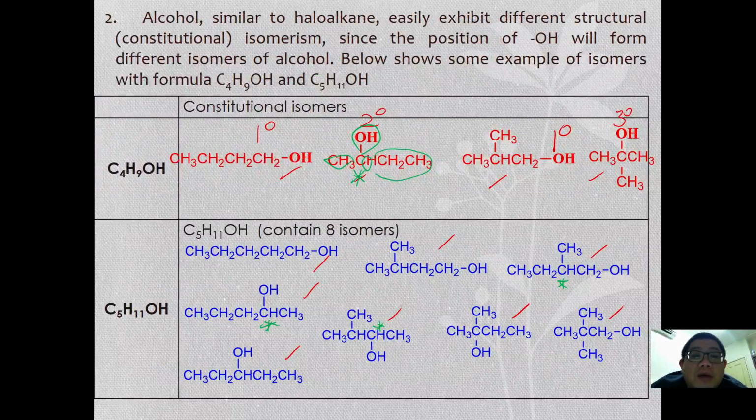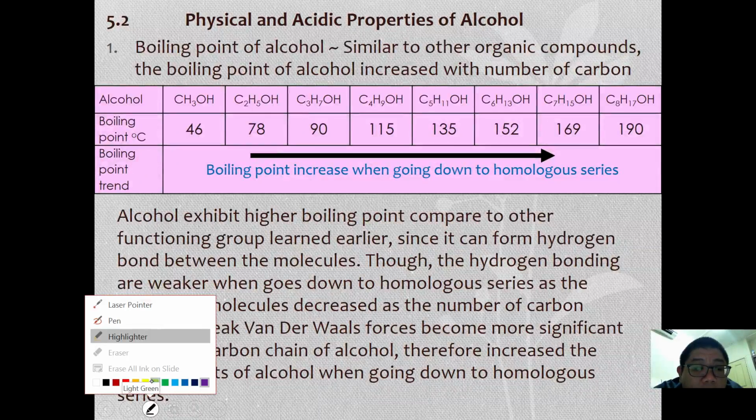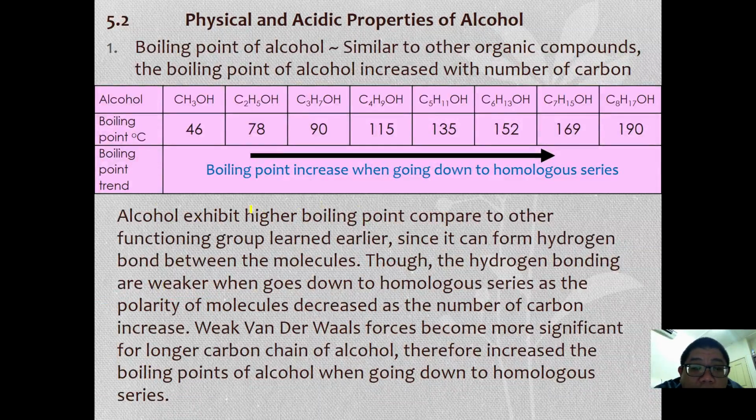Finishing the isomerism, straight away we go to the physical properties. Similarly, boiling point increases when going down the homologous series. However, alcohol exhibits a higher boiling point compared to the other functional groups that we discussed so far, because it can form hydrogen bonds between the molecules.